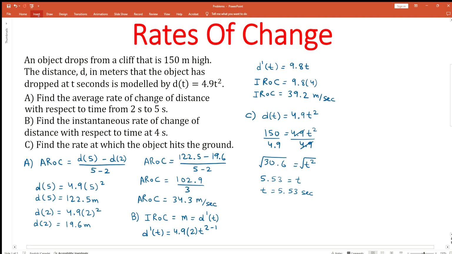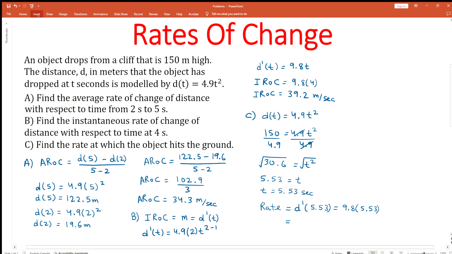Now we can find the rate at which the object hits the ground by subbing in t as 5.53 in the derivative of the d function. So we get 9.8 times 5.53, because the derivative of the d function is equal to 9.8 times t.